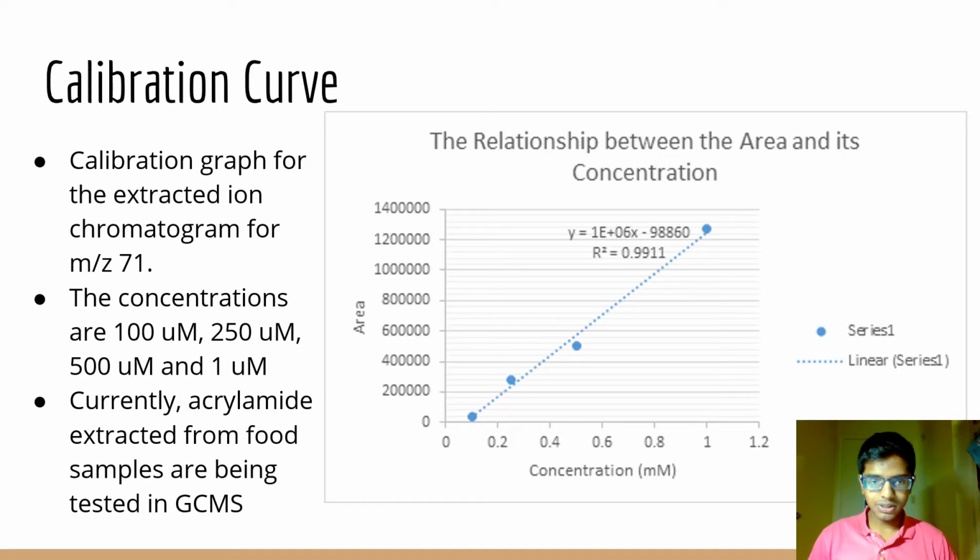Using this calibration curve based on the area under the curve of the unknown samples of potential acrylamide food, we can determine how much acrylamide is in it. This will be immensely useful for future experiments using food data for determining how much acrylamide is in students' diets.